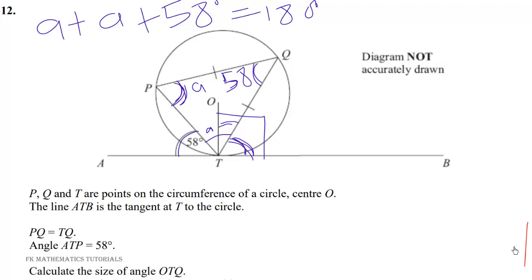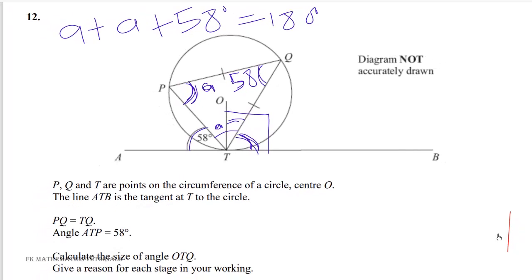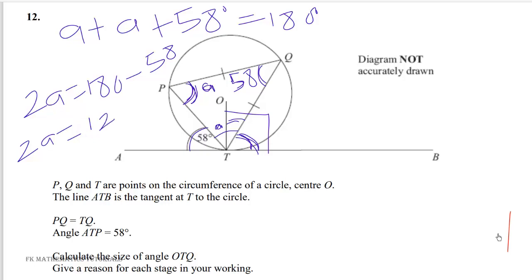The reason why this is A and this is also A is that they are the base angles of isosceles triangle PQT. So 2A will be equal to 180 minus 58. So 2A equals 122. So A will be equal to 122 divided by 2, which is 61 degrees.